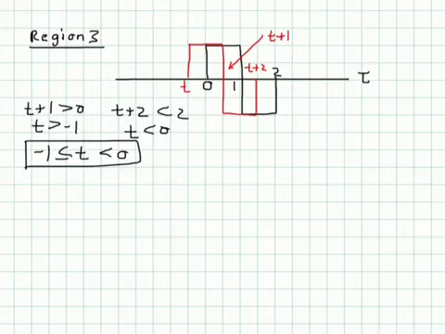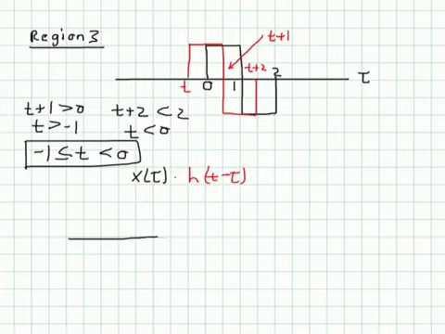Okay, so in this region, we have to multiply these two signals together. So we're going to calculate x of tau times h of t minus tau. I'm just going to do the multiplication of these signals and sketch the result. Now if I'm multiplying these signals together, what am I going to get?